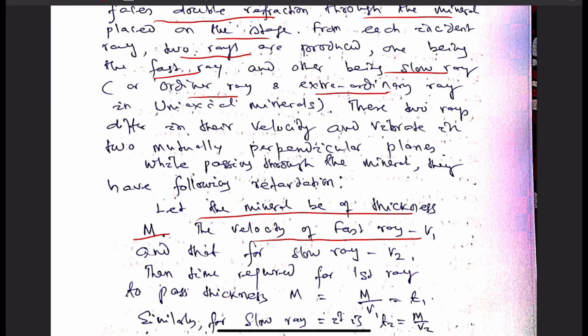So the time required for the fast ray to pass the thickness m will be m by v1, or t1. Similarly for the slow ray it will be t2, that will be equal to m by v2.